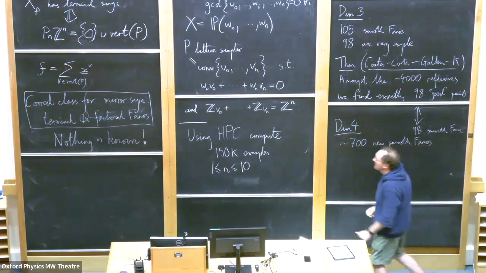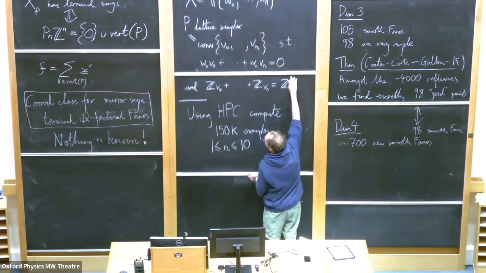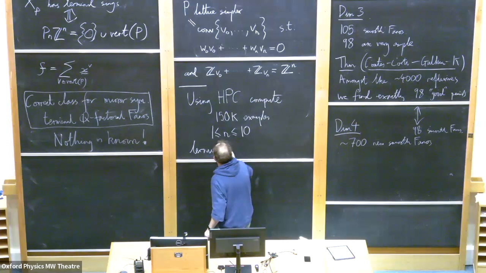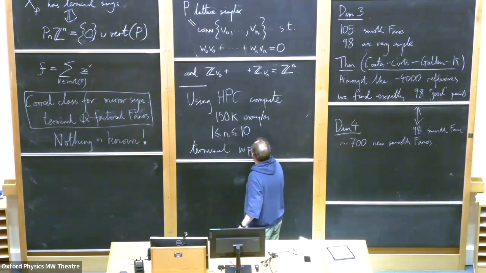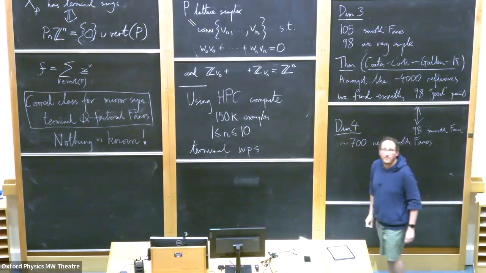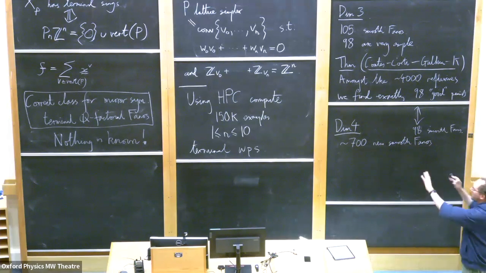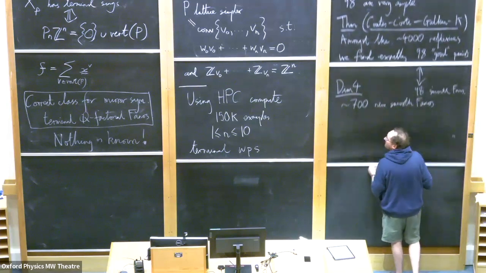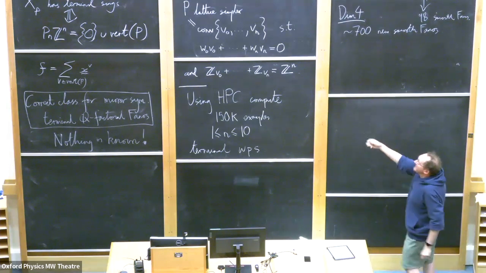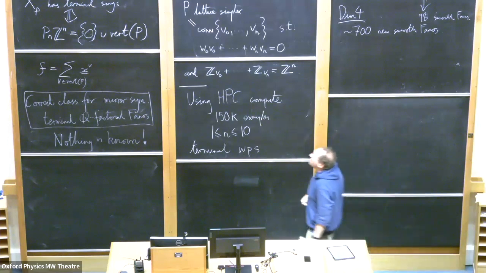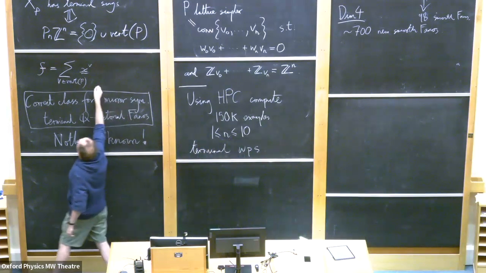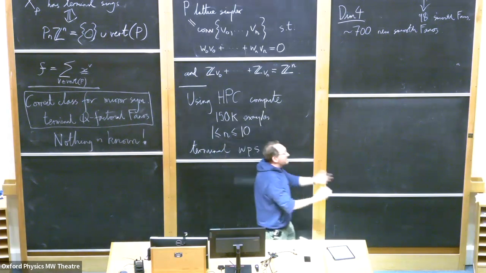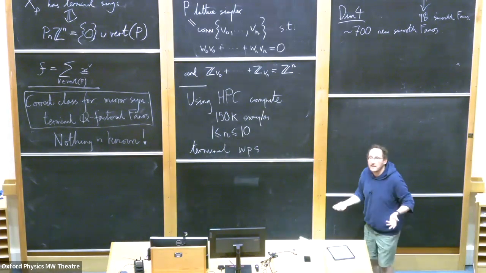So this is 150,000 terminal weighted projective spaces. Easy, moderately easy. Not mathematically challenging. And in every single one of these cases, there's no ambiguity about what the Laurent polynomial is. The Laurent polynomial mirror is just this. So you can compute the period sequence in every single case.